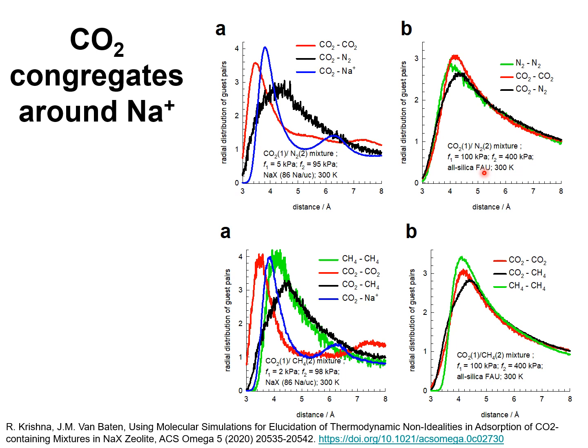In this scenario, we would expect no congregation of CO2 around the cations because there are no cations present. And we note that the intermolecular distances, CO2, nitrogen, and CO2, are all practically the same.